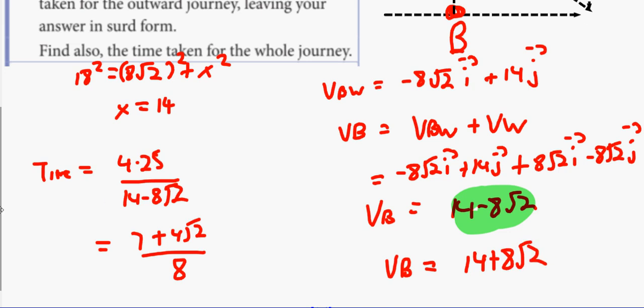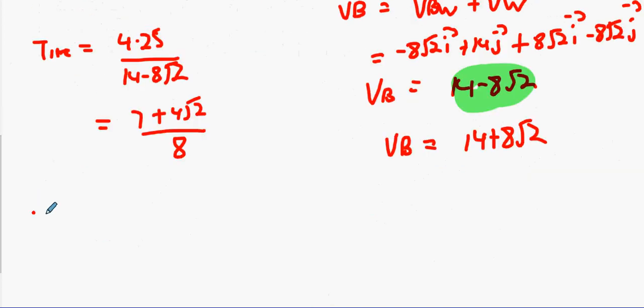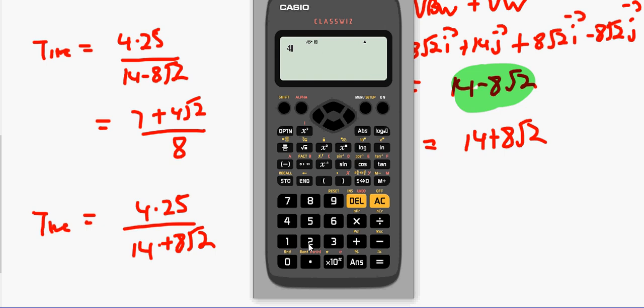Then your time for part 2 is going to be 4.25 divided by 14 plus 8 root 2, which in turn should be 7 minus 4 root 2 over 8.